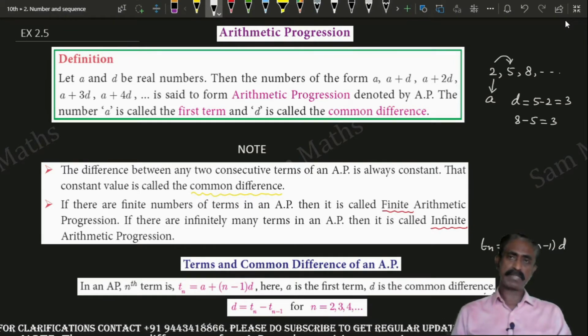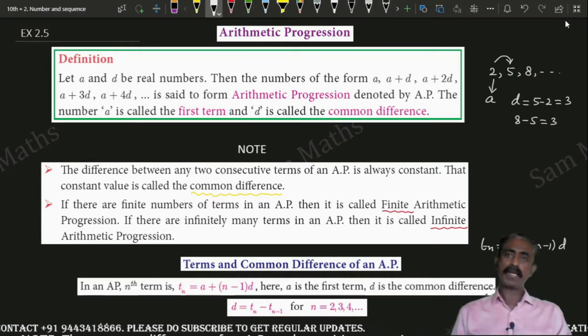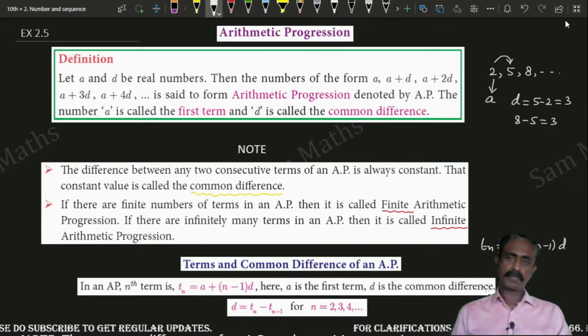Like that, in the first definition, the general form of an AP is A plus D, A plus 2D, A plus 3D and so on. From the first term A, we are adding D continuously.